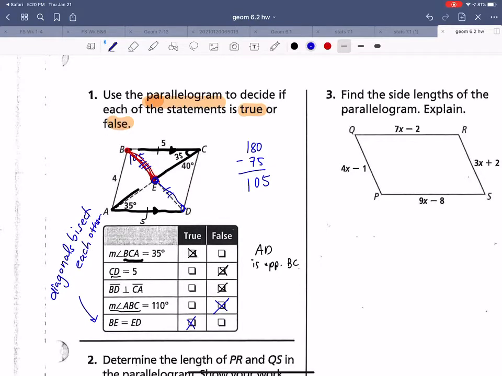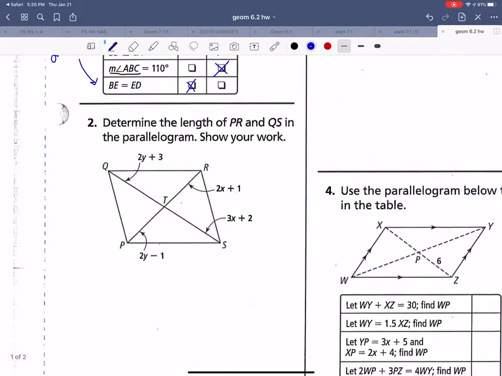Okay. Question number 2. The length of PR and QS. Determine their lengths. Okay. So what do we know? Well, we know the red line was cut in half at T. So this length is equal to that length.